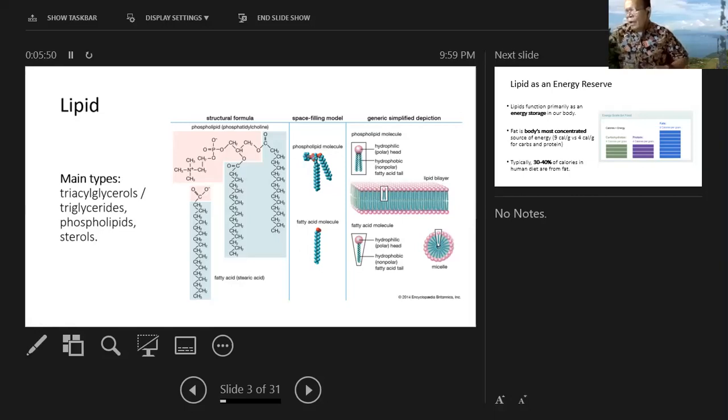Then have a look at this bilayer. You can see that this bilayer consists of this head and this is the tail. And if we consider this one as a missile, then this head will surround the layer of this missile.